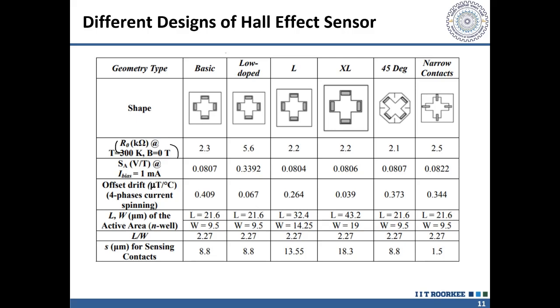There is a sensitivity given with respect to temperature, and then the offset drift. So we have given several parameters regarding the construction of Hall effect sensors, and the different types have also been given. I have provided links to read about the geometry and shapes in the reference section, which you can check out later. All right.